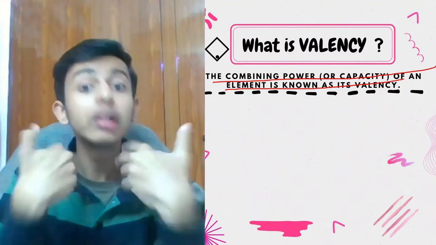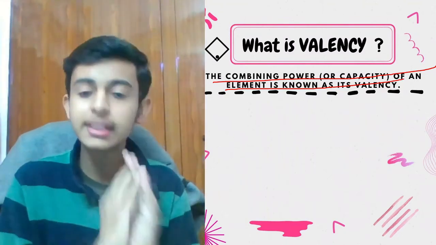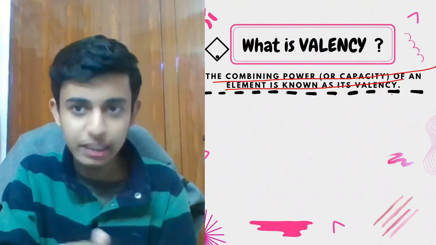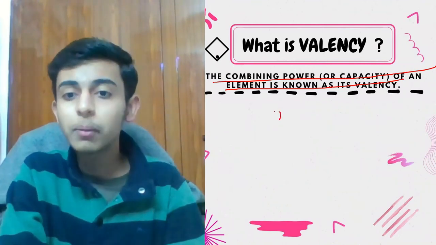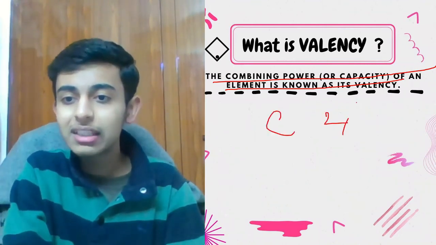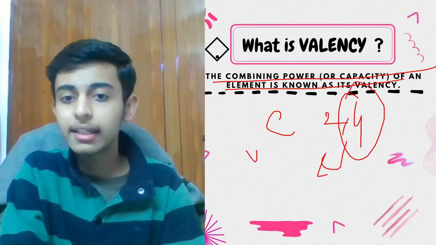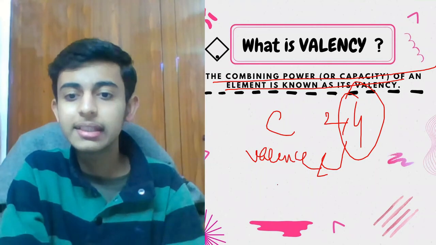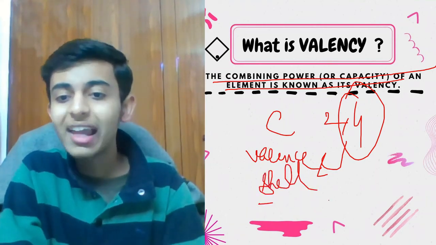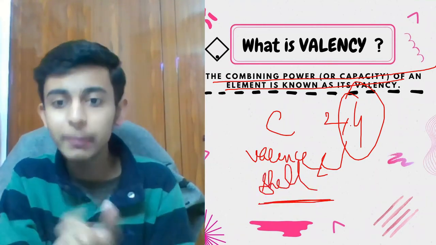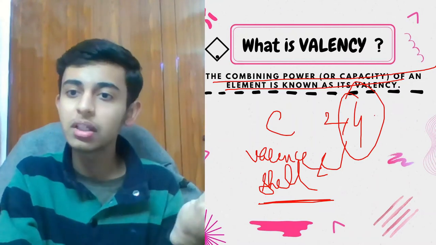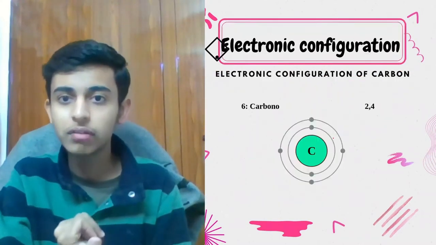That is termed as the valency of that particular atom. Carbon's valency will be 4, because 4 electrons are present in its valence shell. Valence shell means the outermost shell. How many electrons are present? 4. So valency becomes 4. That is the combining capacity of the element.